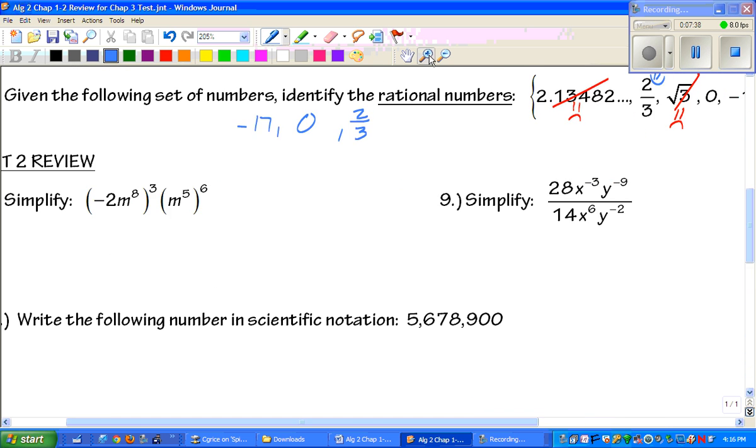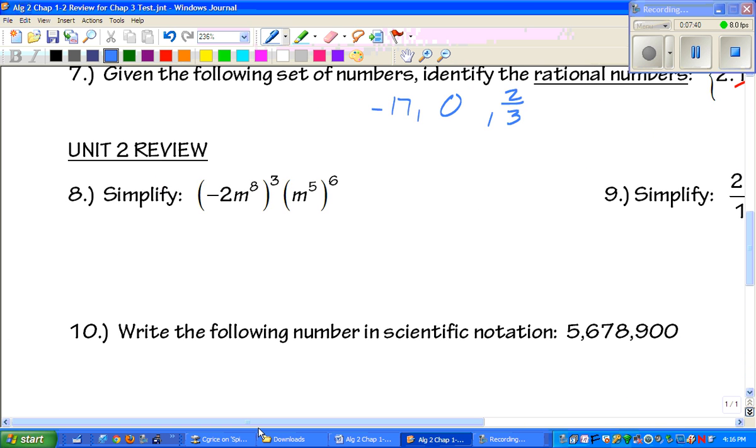All right, let's move on to Unit 2. To simplify, negative 2m to the 8th all to the 3rd power, and m to the 5th all to the 6th power. So we need to distribute the exponent.